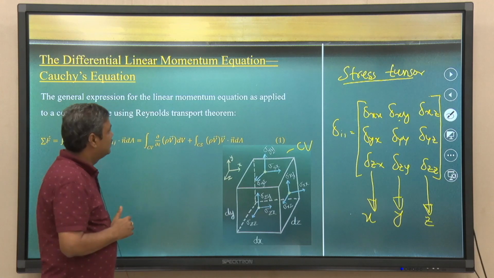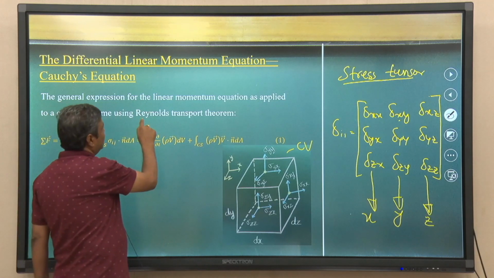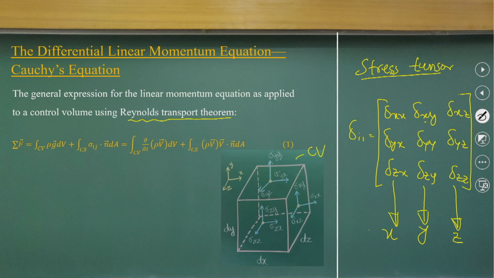Now, as we discussed, applying the Reynolds transport theorem with B being momentum, we get the linear momentum equation.